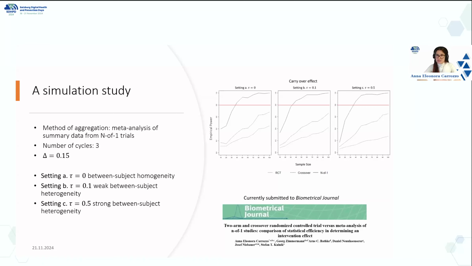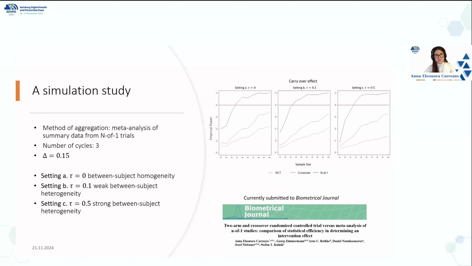And the red line represents the desired power of 80%. And we can see that the meta-analysis of N01 reaches the desired power earlier with fewer participants with respect to the other procedures.